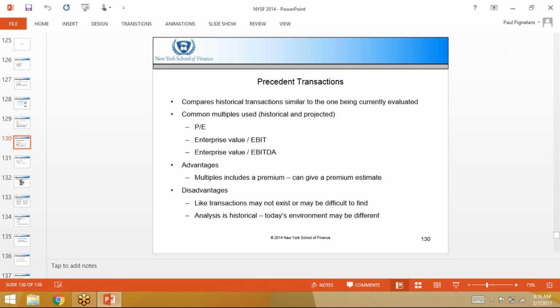Okay? So we're going to take a look at historical transactions that are similar to the company that we're valuing. If we're valuing a big box retailer, we're looking at past transactions that are acquisitions of big box retailers. And we ask ourselves, how much did that entity pay for that business? And if they paid 5 times EBITDA, then our company might be valued at 5 times EBITDA.